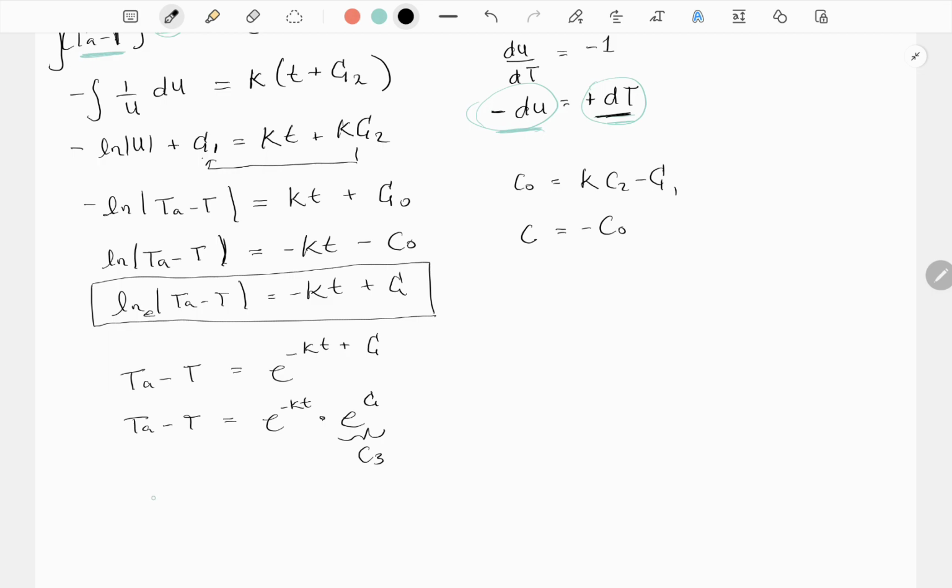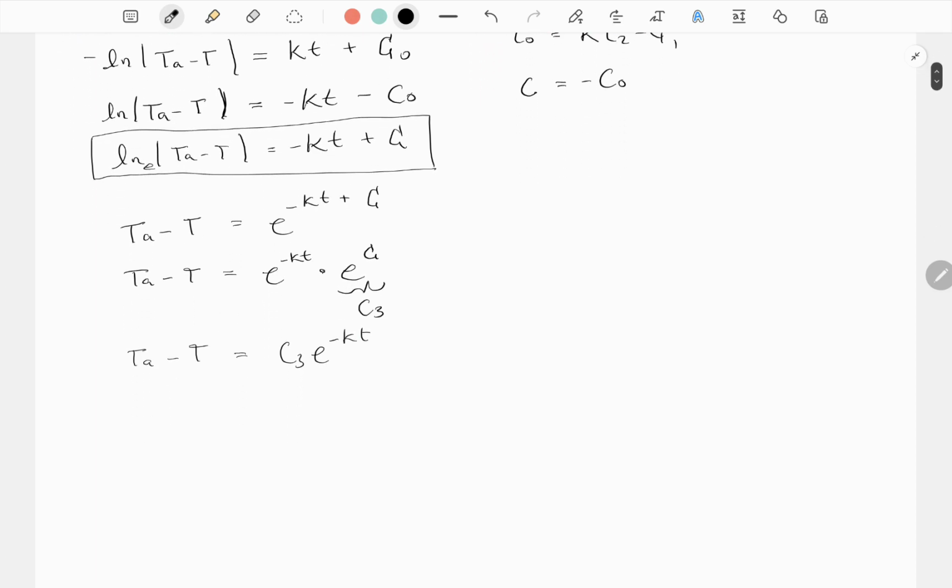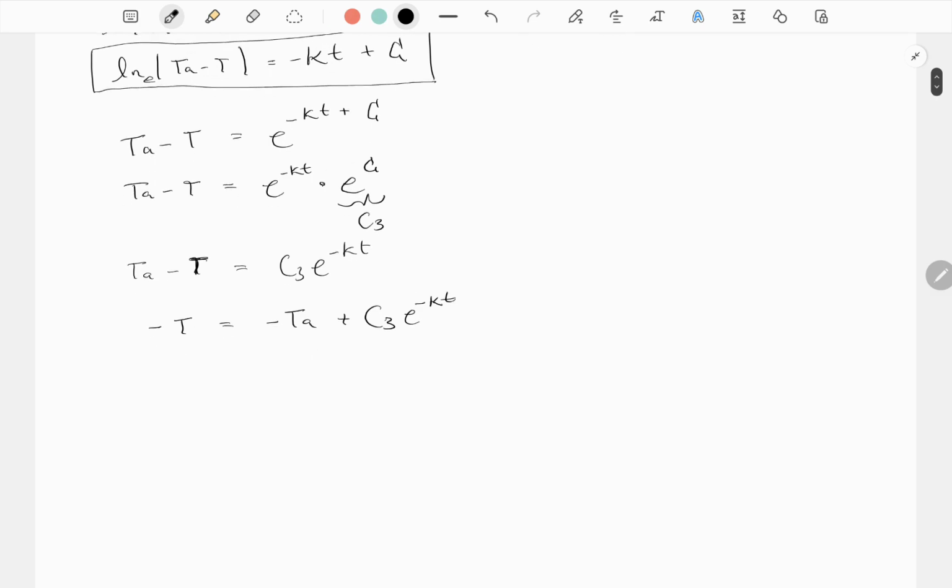That means that TA minus t equals C3 e to the negative kt. And so what we can do is, let me just do it in a way that makes it easier. So we got negative TA plus C3 e to the negative kt.